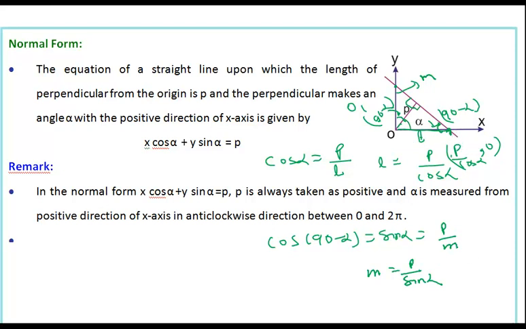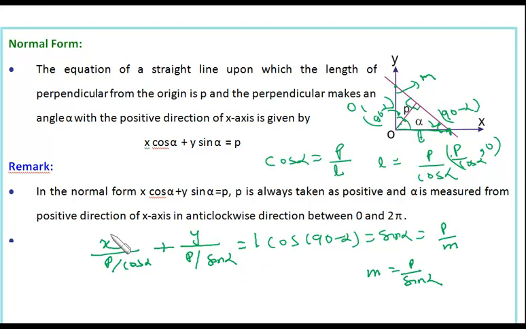Okay. Now we have already discussed the intercept form of the line. So according to the intercept form of the line, x upon x-intercept, that is P by cos alpha, plus y upon y-intercept, that is y upon P by sin alpha, is equal to 1.